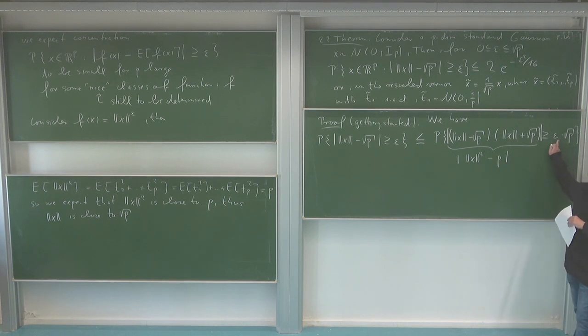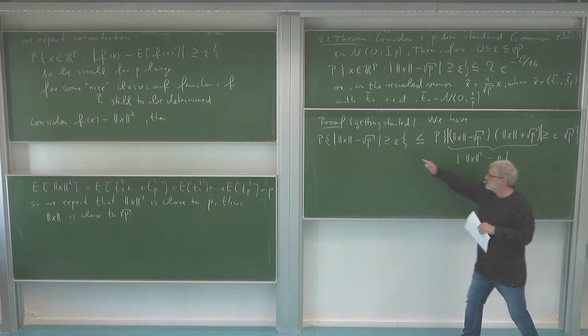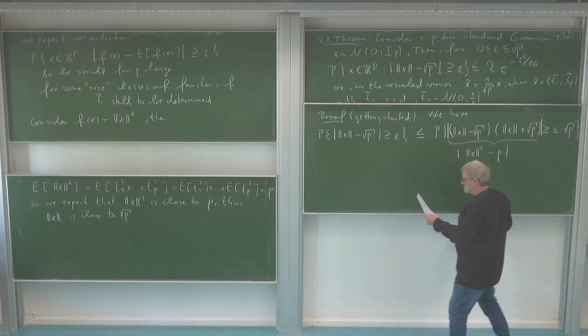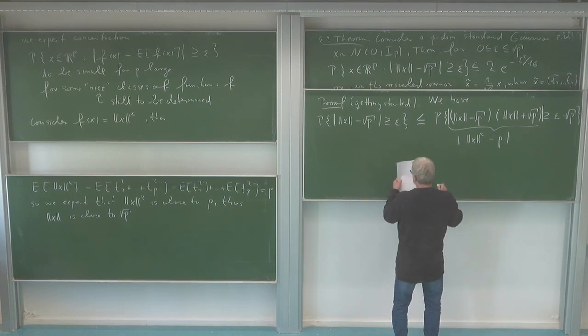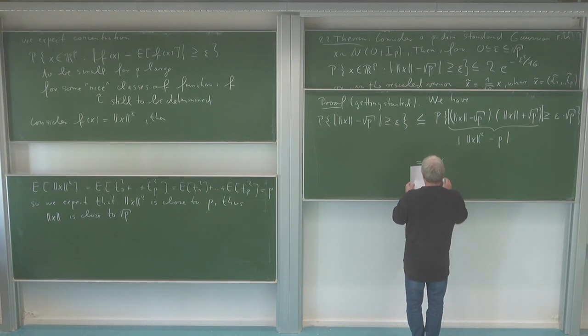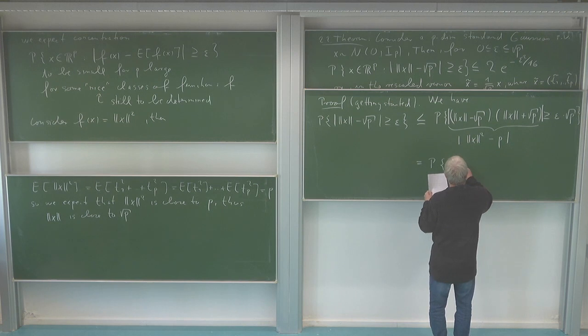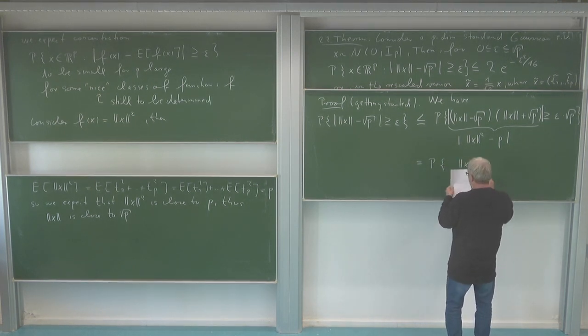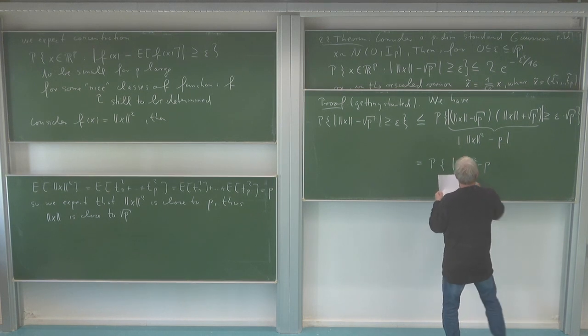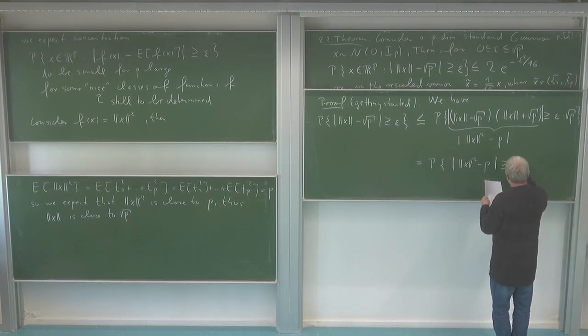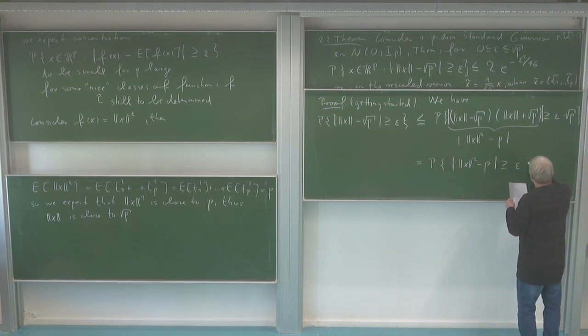But here there was a change. If I want epsilon here, I have something else. Okay, so let me write it again. So this is the probability of the event where the norm of x squared minus p, absolute value, is bigger than epsilon times the square root of p.